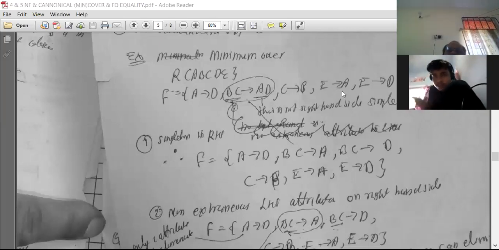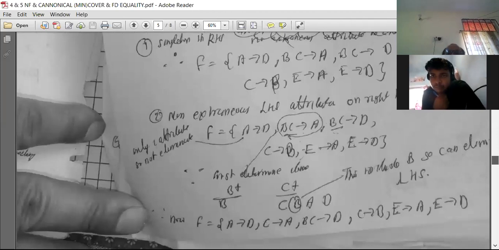If there were more such dependencies, we would repeat the same process. Suppose AD is given on the right side, then we write E tends to A, E tends to D. If there are two or three attributes at the right hand side, we separate all of them.